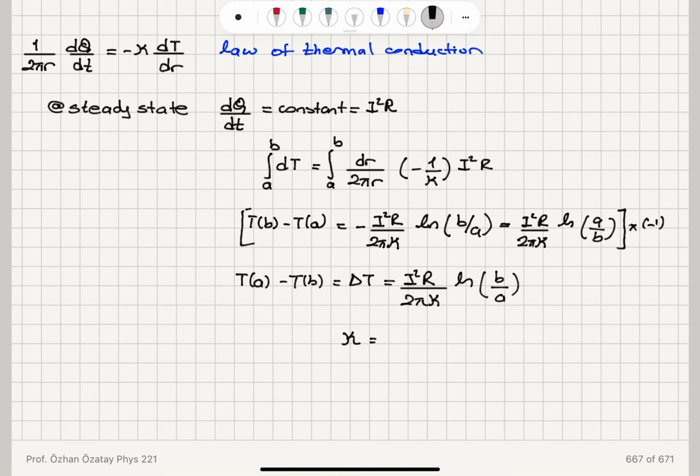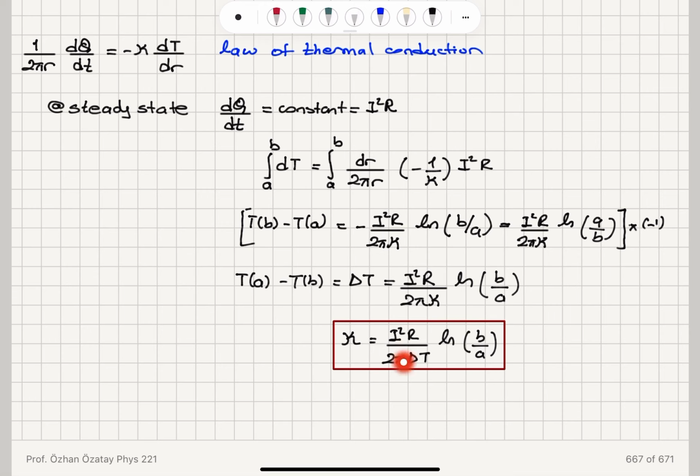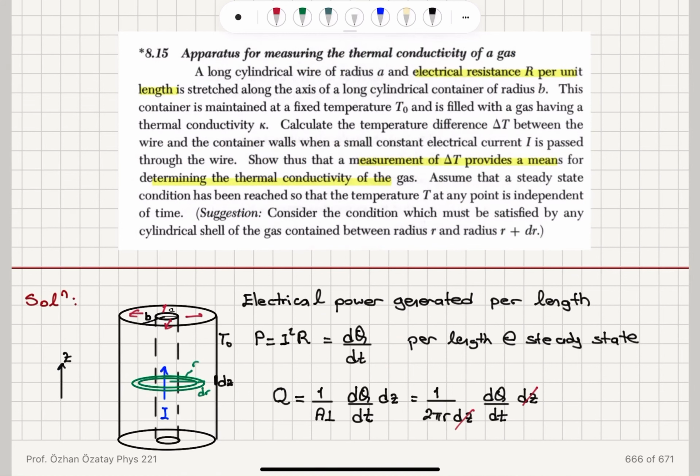So we have I squared R divided by 2 pi delta T multiplied by natural logarithm b over a, giving us the thermal conductivity. So it's I squared R natural logarithm b over a divided by 2 pi delta T. So if we measure delta T, we know the current flowing through, we know the resistance per unit length and the radii b and a, we can determine the thermal conductivity.